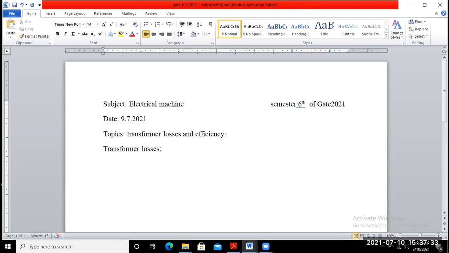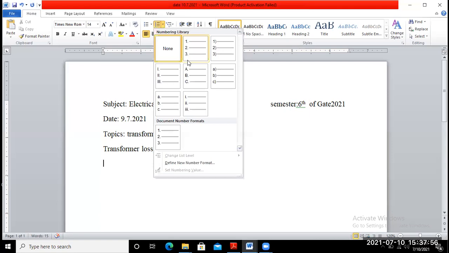Otherwise, it will be negligible when you solve any numerical based on transformer efficiency. Okay, so we will concentrate more on the core loss and ohmic losses. First one is your core losses, and next one is your ohmic losses.